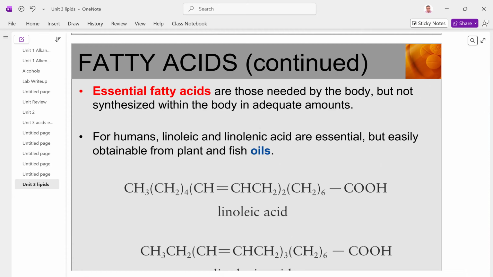For humans, or mammals in general, we have essential linoleic and linolenic. Linoleic is an omega-6 fatty acid. Linolenic is an omega-3 fatty acid.